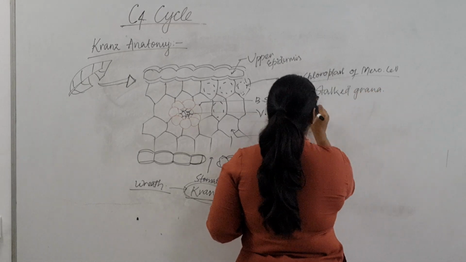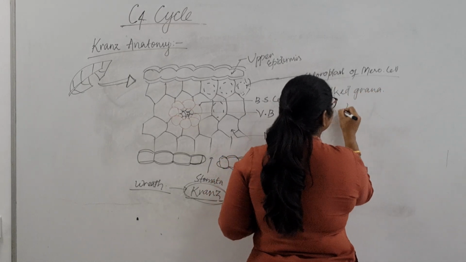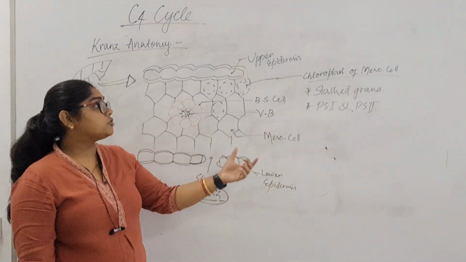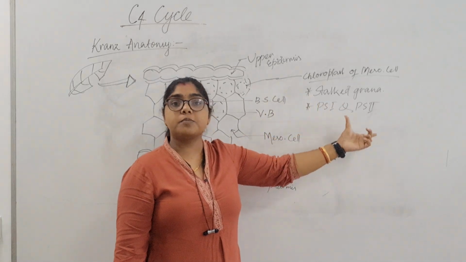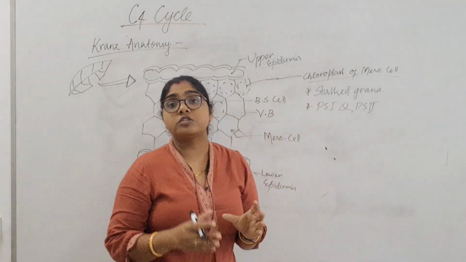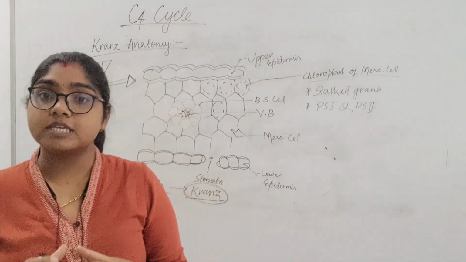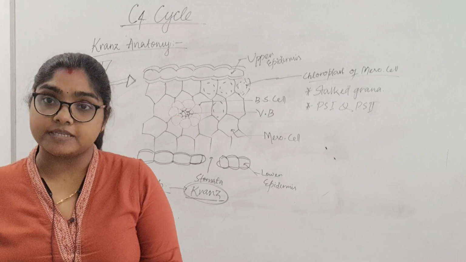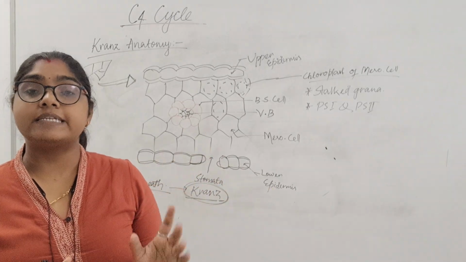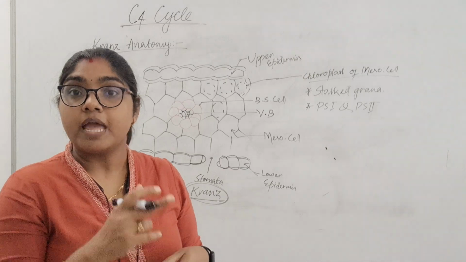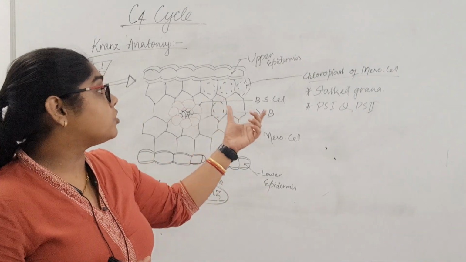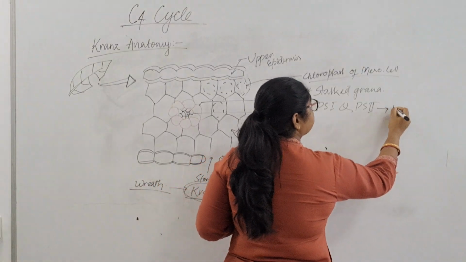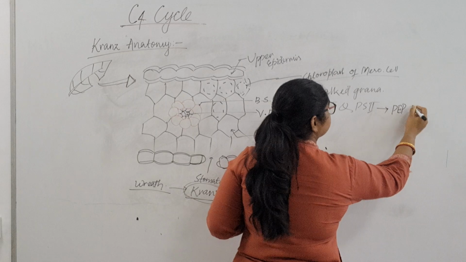That means it contains both photosystem 1 and photosystem 2. So when photosystem 2 is there, that means the oxygen evolving complex is also there, and the photolysis of water takes place. When the photolysis of water takes place, it releases oxygen molecules. That's why in the chloroplast of the mesophyll cell, only the PEP carboxylase enzyme is present.